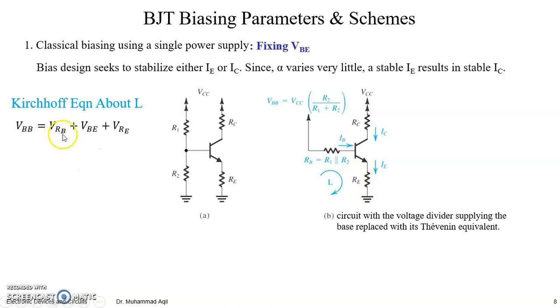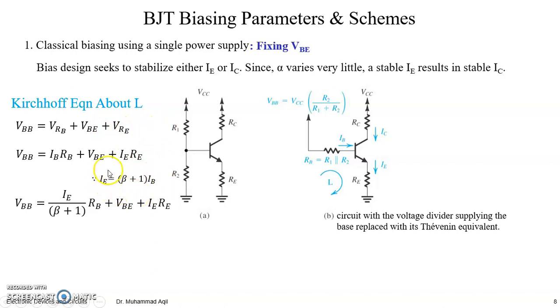So the voltage at the base resistor, base to emitter voltage, and emitter resistor voltage would sum to this supply VBB, right? And we can also write VRB as IB RB and VRE as IE RE, right?